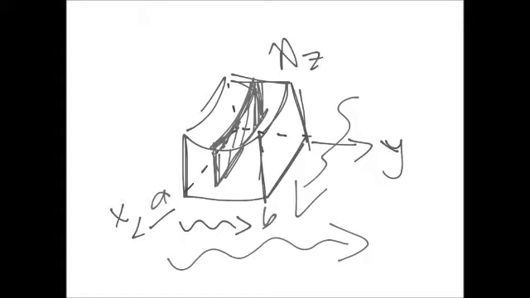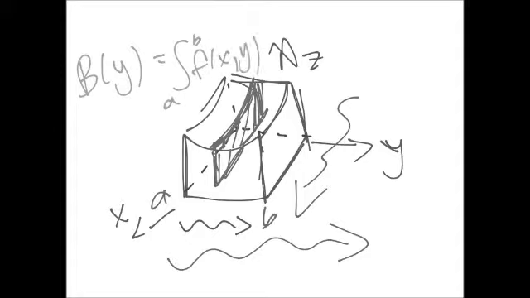What we should get is that both A of x and B of y are the same, because it's the same solid, it's the same area, it's the same cross-section. Now we're just going, instead of along the y, we're going along the x. So we should have the same, except a slightly different equation. So we'll do B of y equals the integral from a to b of f of x, y, and we treat y as constant, so we do dx, integrating with respect to x.